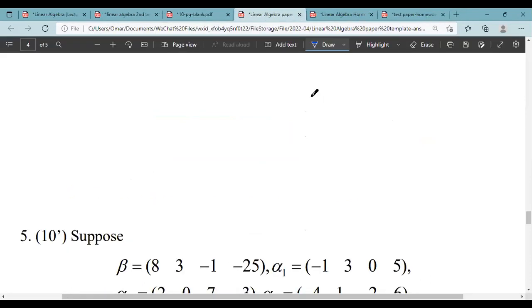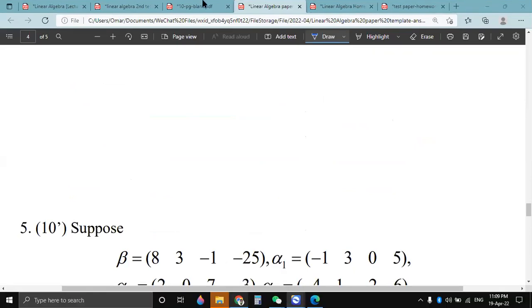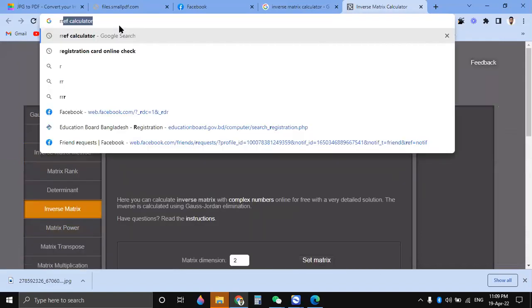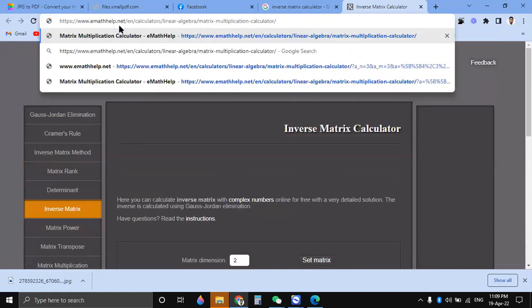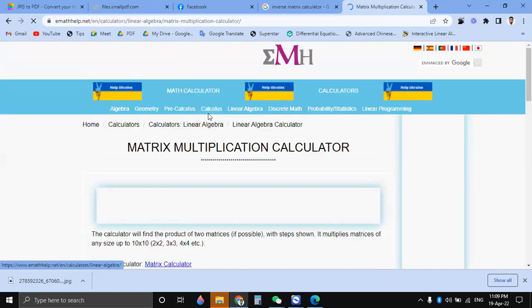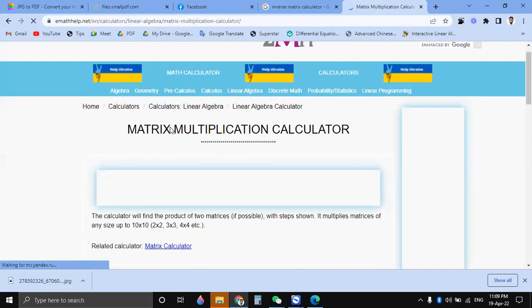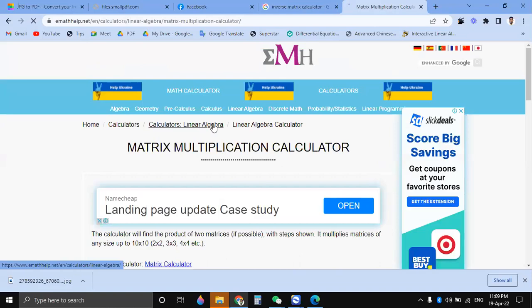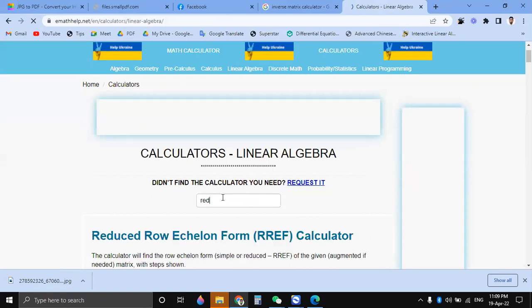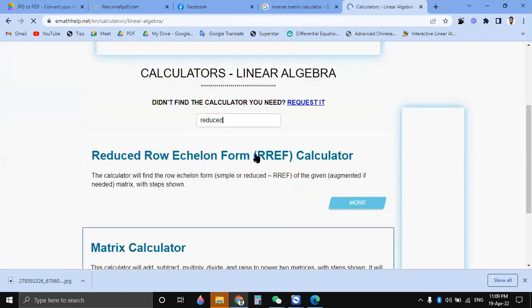I think I should use Google Chrome right now. So if I search reduced row echelon form, here we have the RREF calculator.